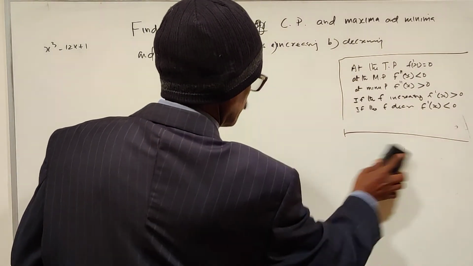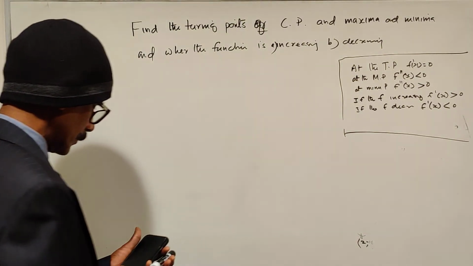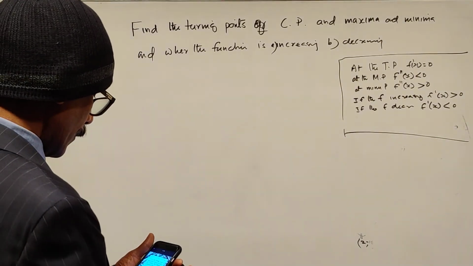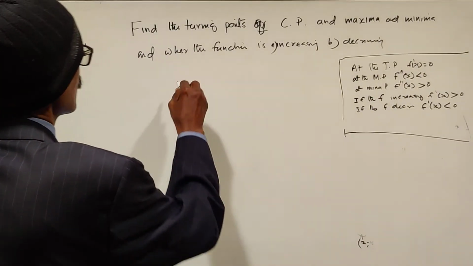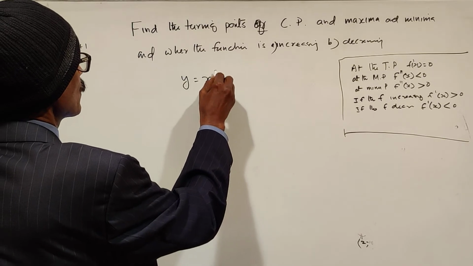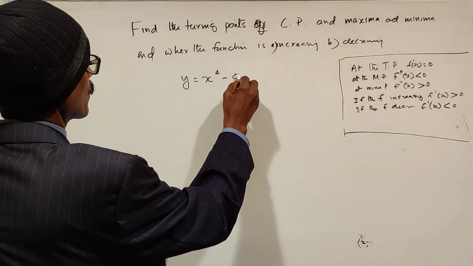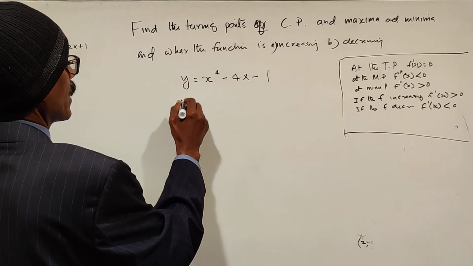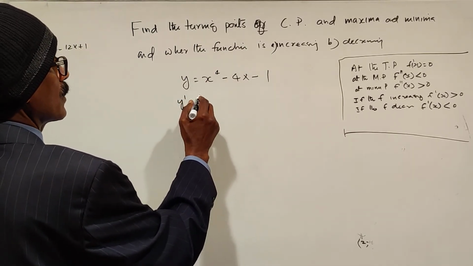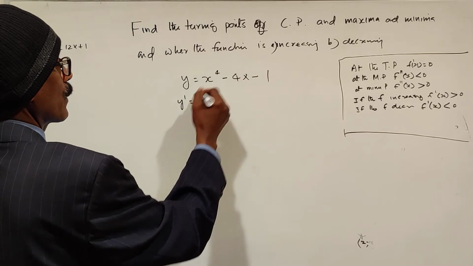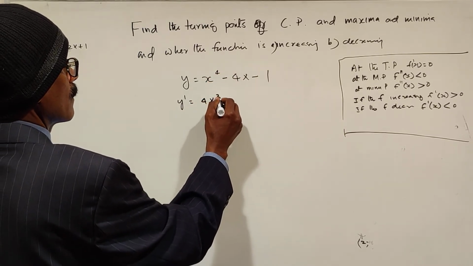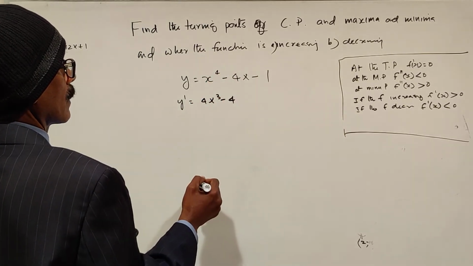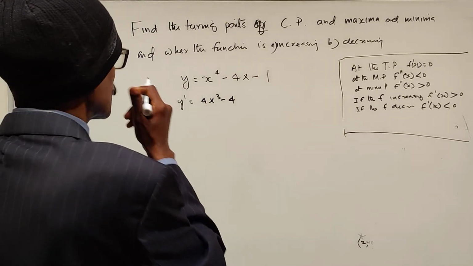Okay, next one. Y is equal to x raised to 4 minus 4x minus 1. First, y dash is equal to what? First derivative is what? Derivative of x raised to 4 is 4x cube, minus 4.